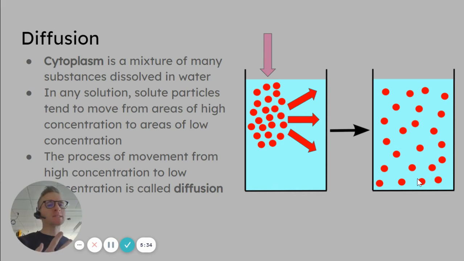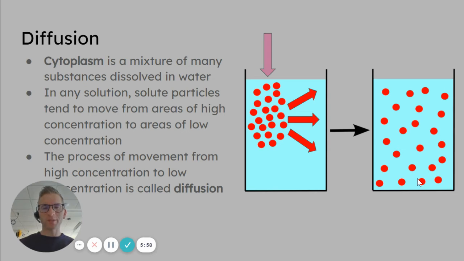All of this happens in the cytoplasm and in the environment around the cell. In any solution, particles move randomly, and that means that this movement from high concentration to low concentration is natural and requires no excess energy.